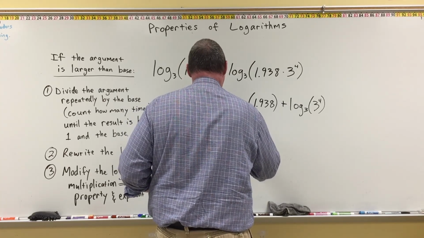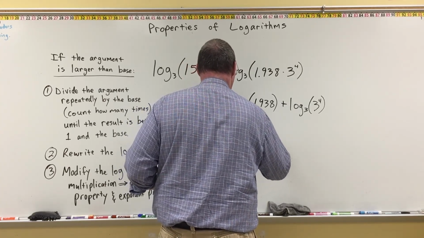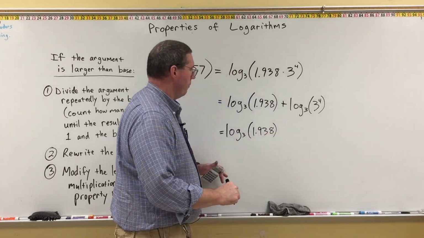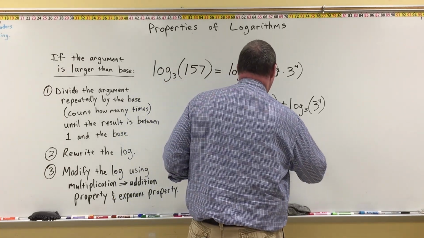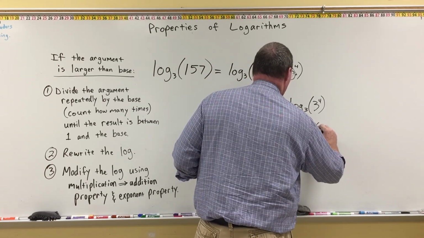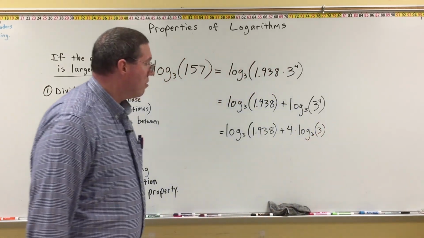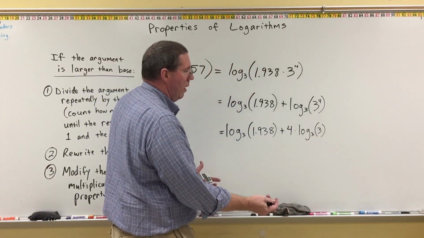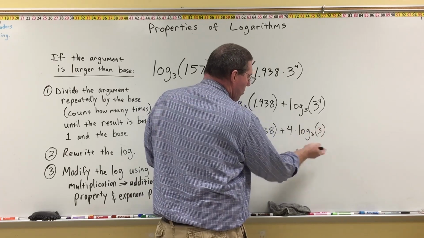So this is going to become log base 3 of 1.938, okay, plus 4 times log base 3 of 3. Now we only have one step left. We know that log base 3 of 3 is 1, and therefore 4 times 1 is equal to 4.